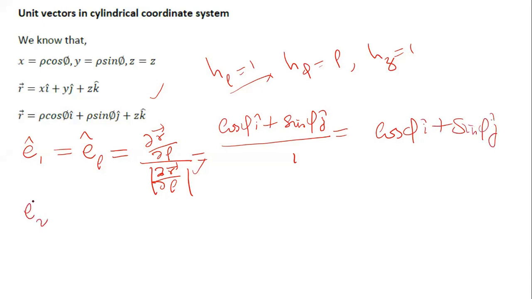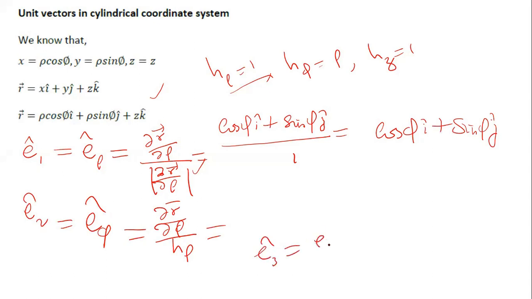Similarly, you can obtain your E2, which will be your E phi, del r upon del phi upon your h phi. And you can also obtain your E3, which will be Ez, del r upon del z upon h z. Here in this case, this is phi, this is h phi.